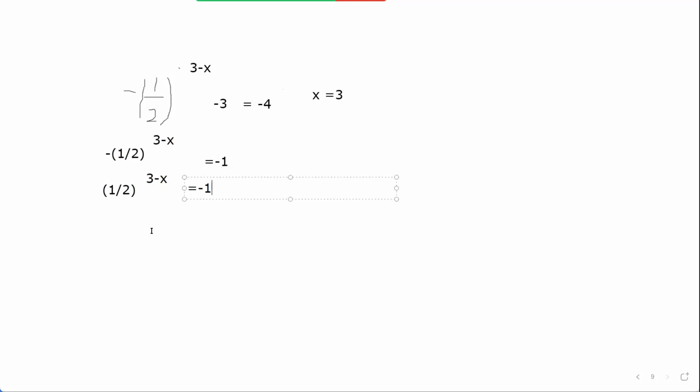Now, remember, we're plugging in 3, but she hasn't done it because that's not the version that she plugged 3 into. What she did was she changes this half to 0.5.